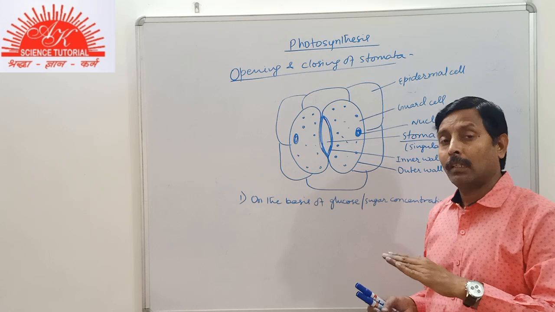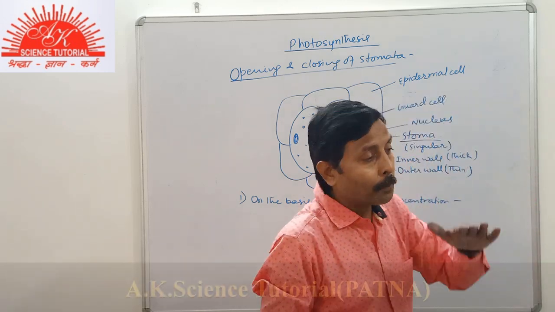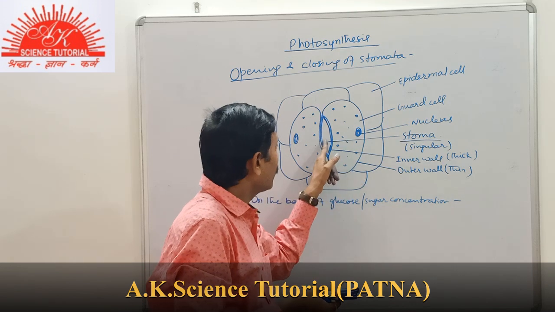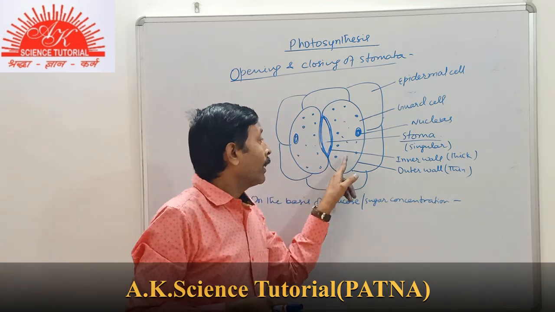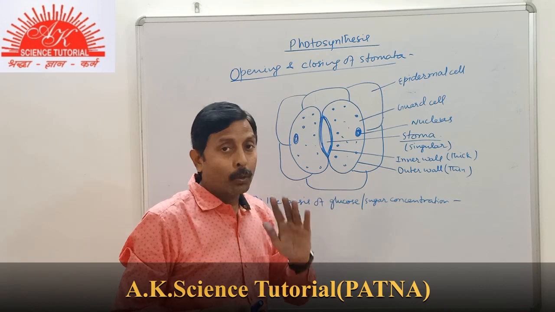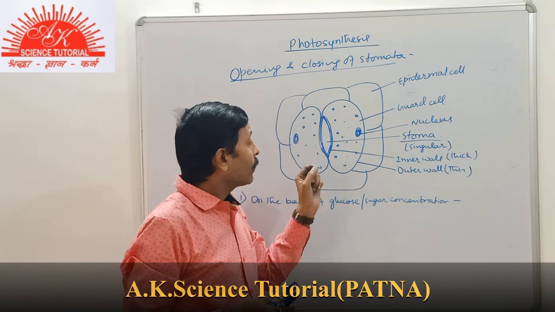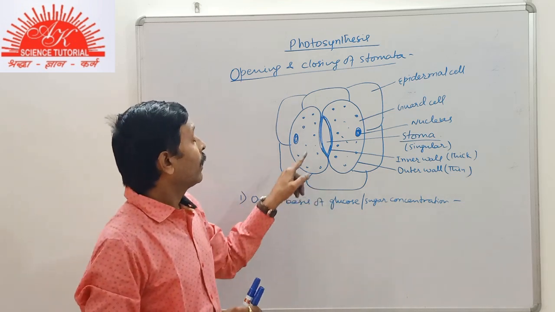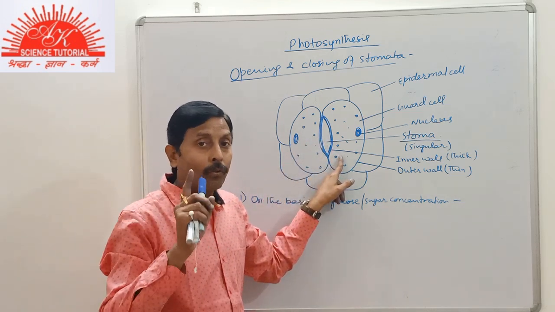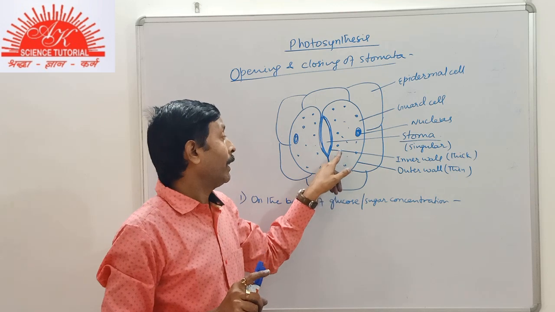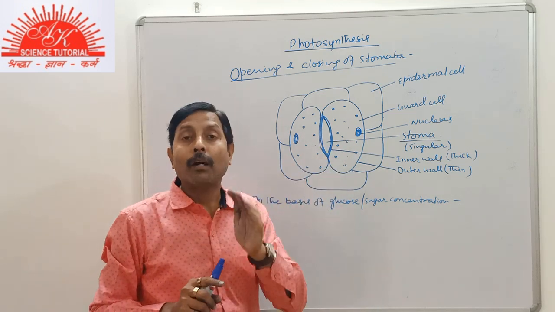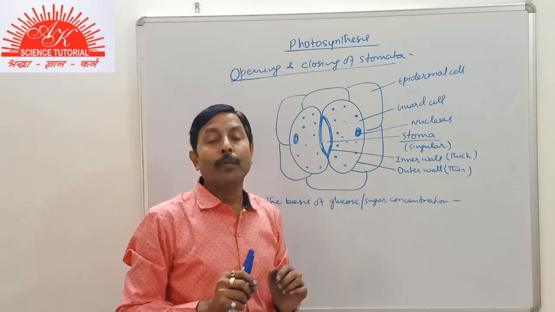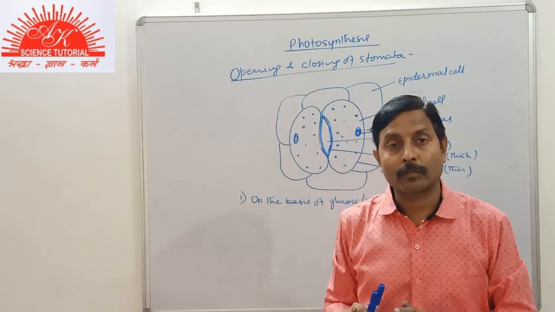During daytime, photosynthesis takes place in the guard cells surrounding the stoma, producing glucose, which is soluble in water.